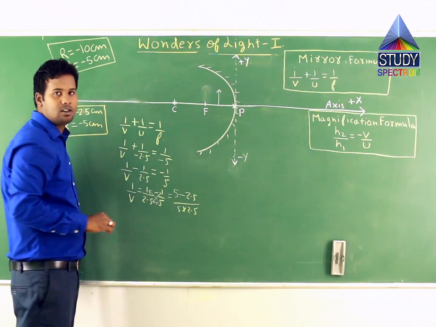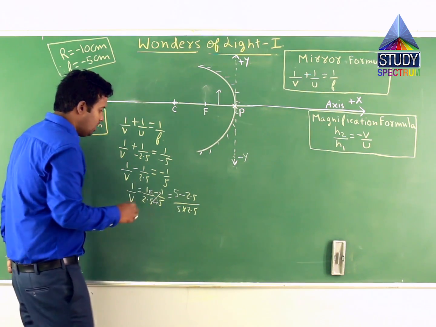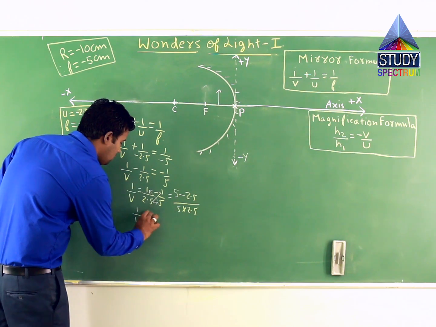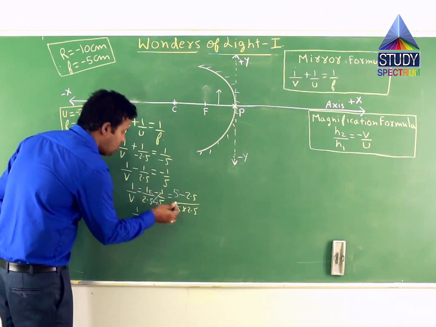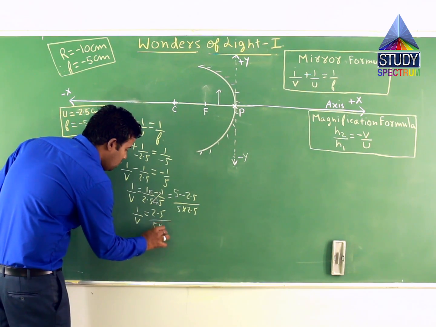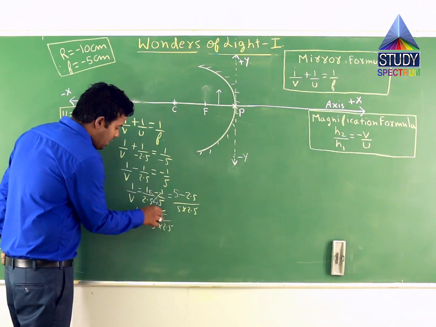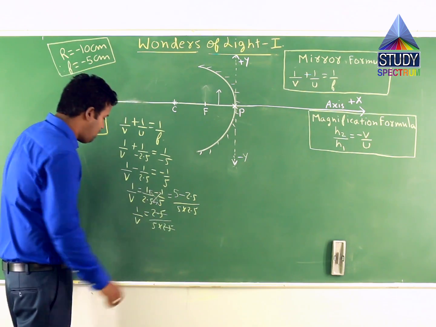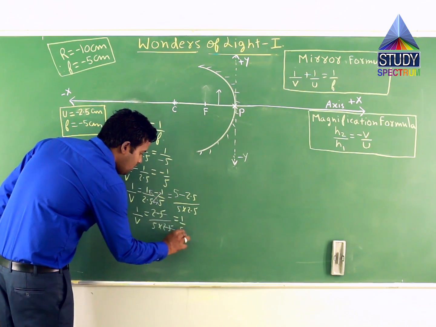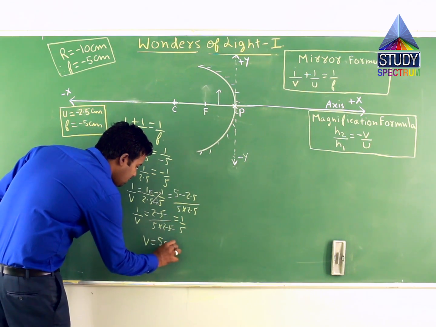I am not writing the result of multiplication in the denominator because something might get cancelled. So this becomes 1 by v is equal to 2.5, since 5 minus 2.5 is 2.5 in the numerator, upon 5 into 2.5. Now this 2.5 gets cancelled. So 1 by v is equal to 1 by 5, or v is equal to 5 centimeters.